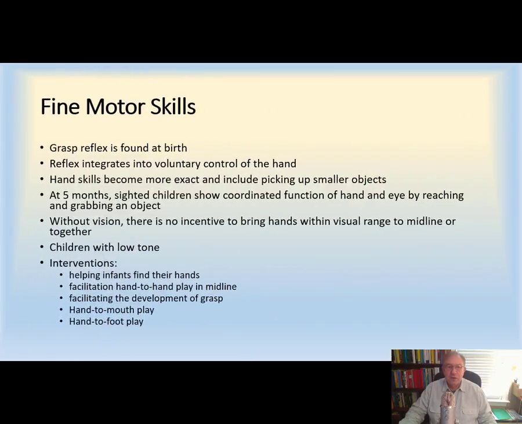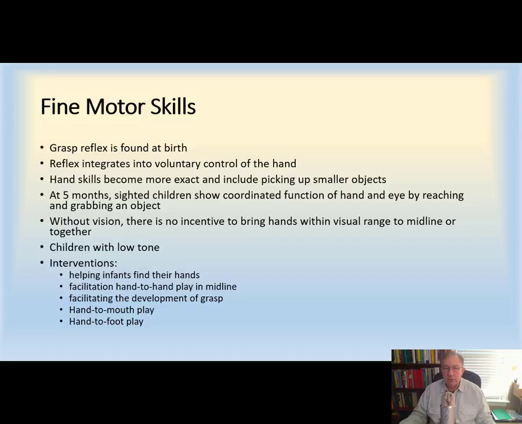Next, and finally, I want to talk a little bit about developing fine motor skills. We know that a grasp reflex usually is found right at birth, and it happens when a thin object is placed in the hand and the infant's fingers close around the object.